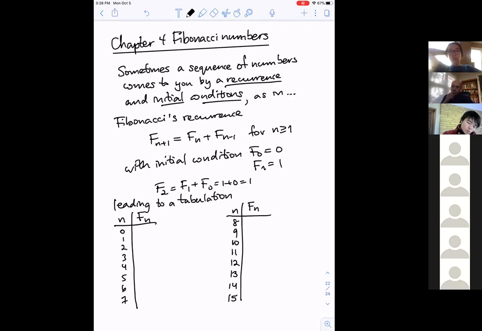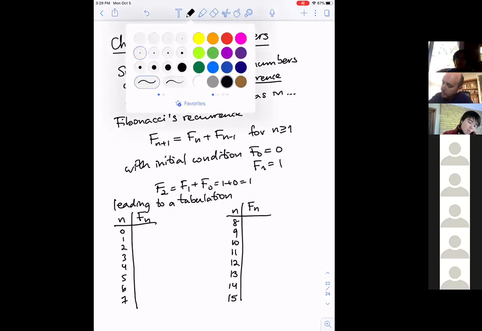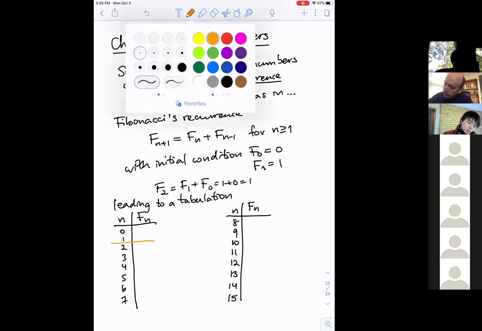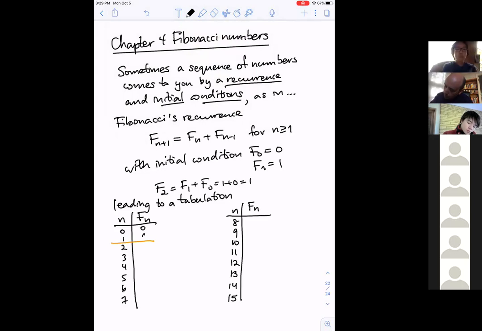Okay. So let's get a few of these. We said at the very beginning that we were only given to start out F sub 0 and F sub 1, and they were 0 and 1. And then to get the next one, F sub 2, we just take the previous two and add them up.